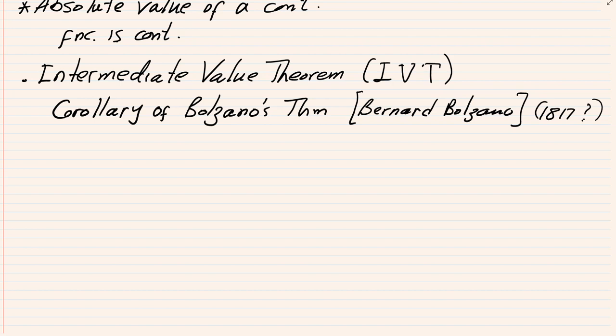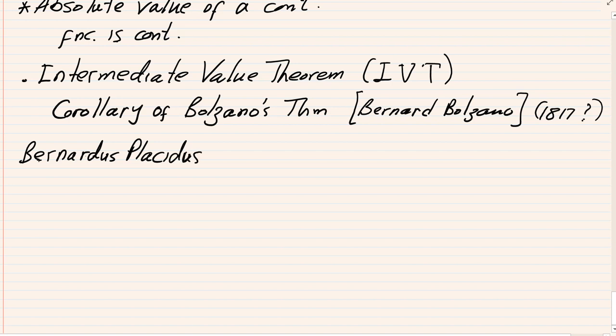Okay, so now here's his full name, by the way, just to get a break from what we've been doing. His real name is actually lengthy. I challenge any one of you to have a name like this. No way, no how. His actual name was Bernardus Placidius Johann.